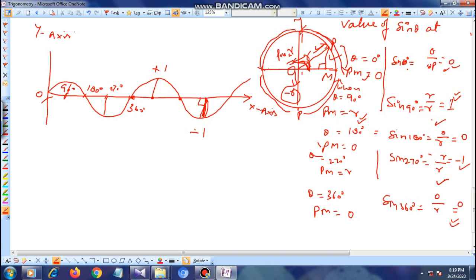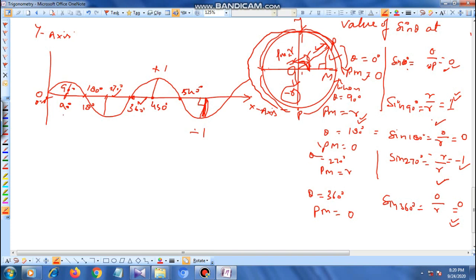And after this, repetition starts. Suppose theta equals 0 degree, 90 degree, 180 degree, 270, 360 degree, 450 degree, 540 degree, and so on.